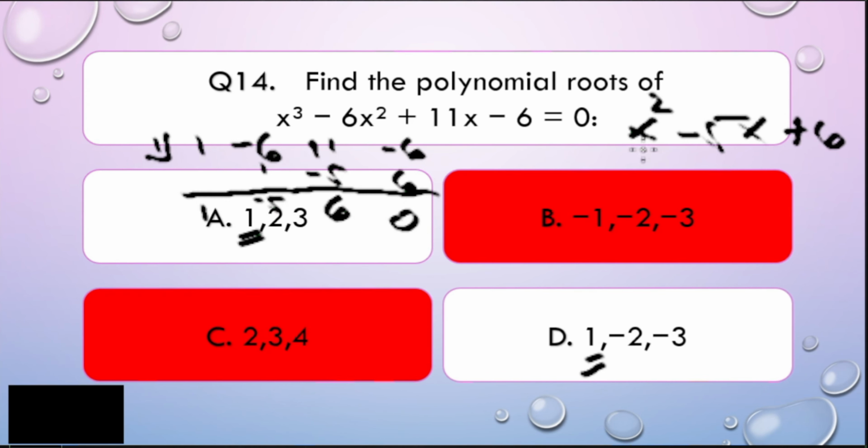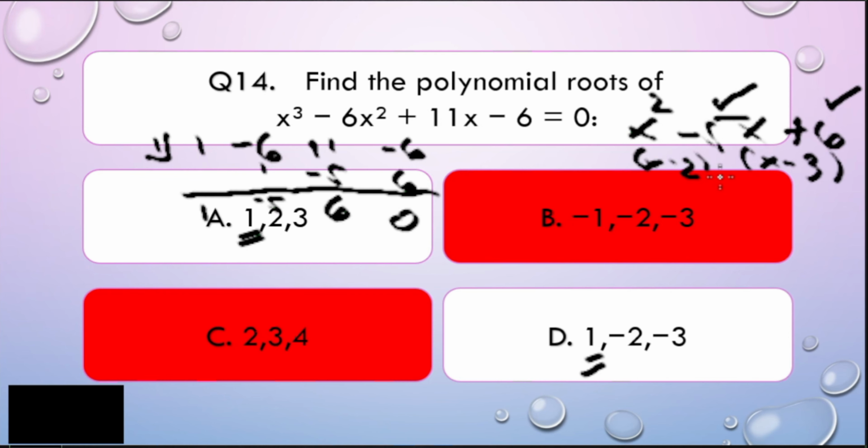Now, if that is the case, you can apply your factoring method in which the factors of 6, when added, will become negative 5. So basically, what are those values? Those are negative 3 and negative 2, because when you multiply negative 3 and negative 2, that will become positive 6, and when you add them, that is negative 5.